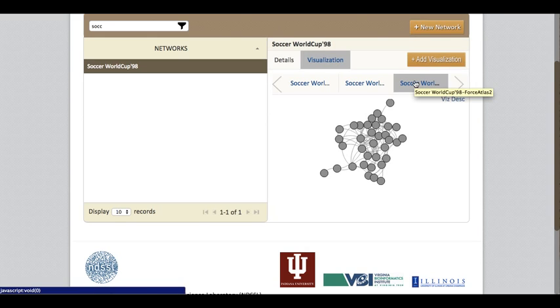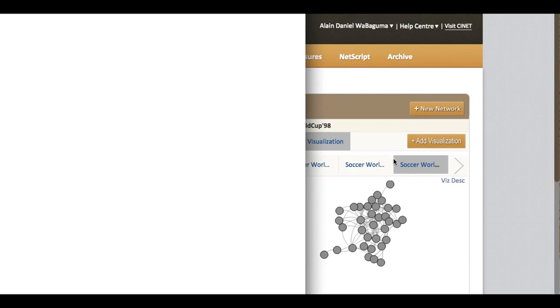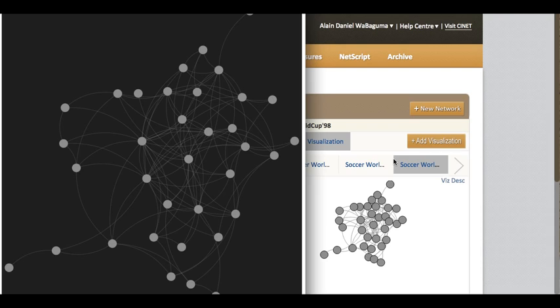I want this to appear. There we go. Interesting, interesting. So this is the layout in Force Atlas 2.